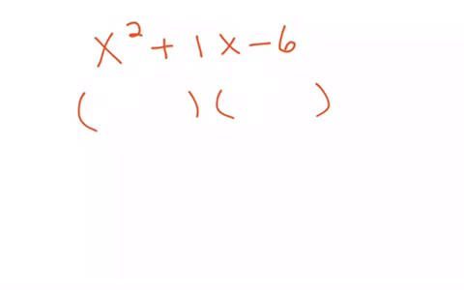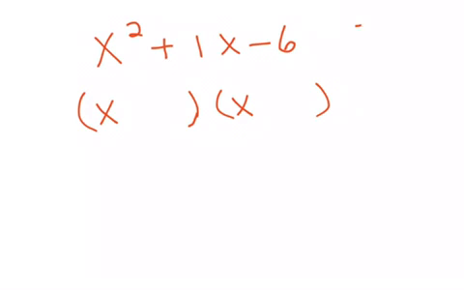I'm going to show you one now that has a negative sign in it. What if I would say, what are the factors of this polynomial? x squared plus 1x minus 6. I make my two parentheses. And x times x again, so I'll just put the x here again. Now I have to say, what are the factors of negative 6?